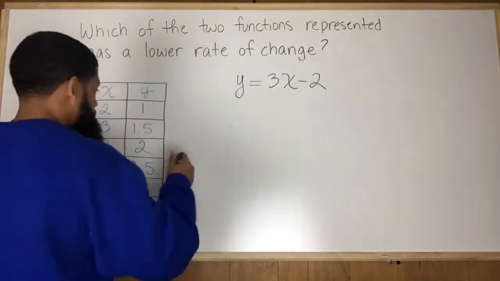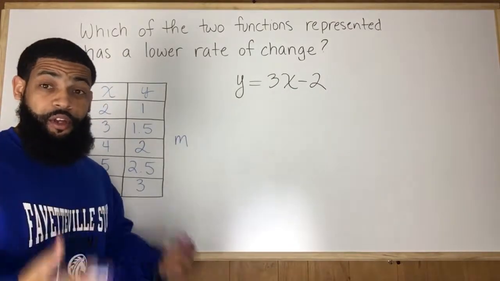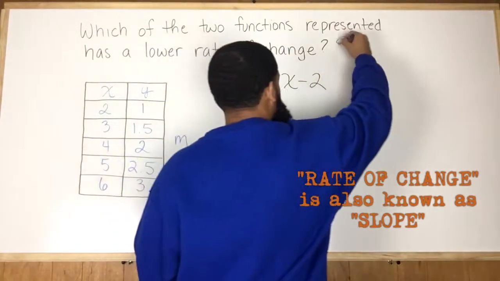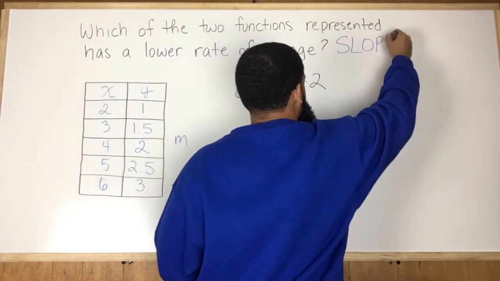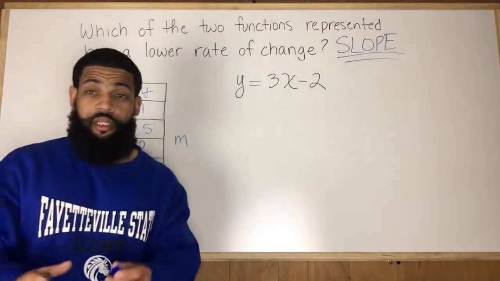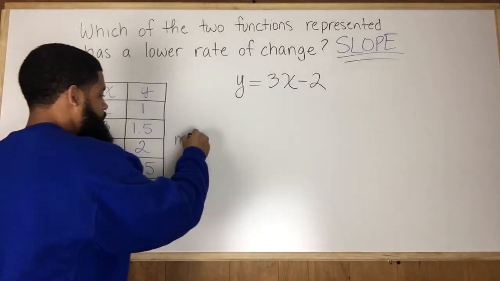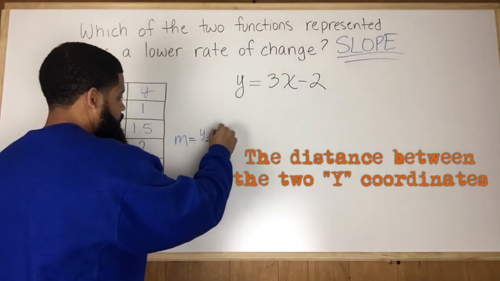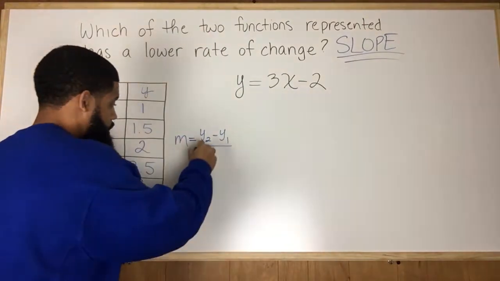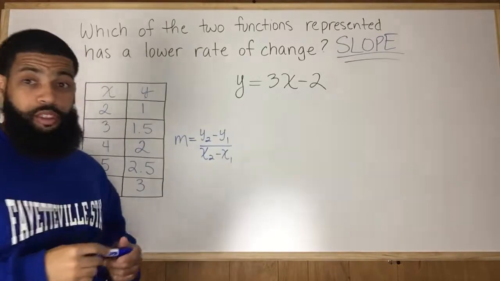The slope formula uses M, the variable used to represent slope or rate of change. Even though we say rate of change, it's the same thing as slope. That's what a lot of people are used to hearing. So M equals the change in the y coordinates between two ordered pairs divided by the change in x coordinates between two ordered pairs.